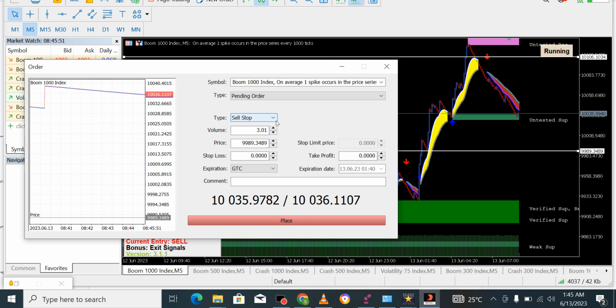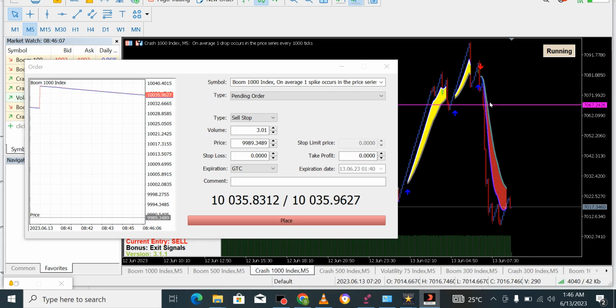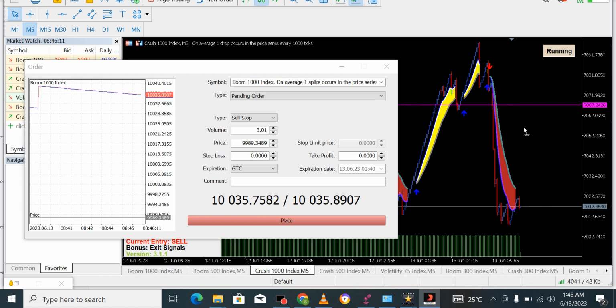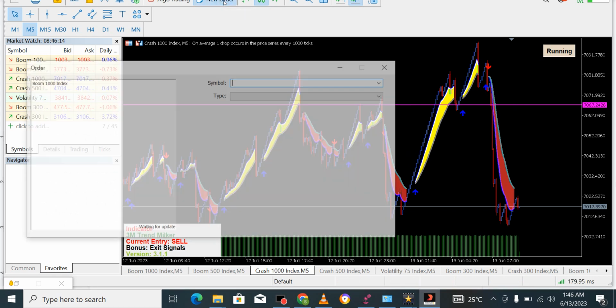But for spikes trading in crash, it is sell limits you should use, because it will be at the resistance zone. Your order should be from the resistance zone, and once the market gets there, let me go to crash. Now we are on crash.